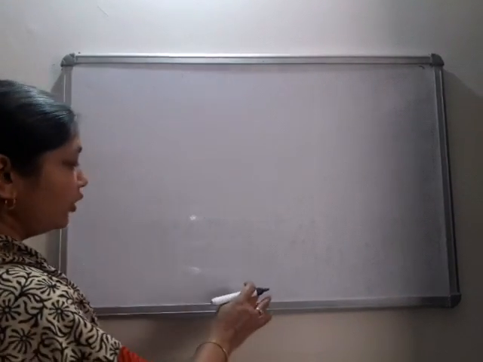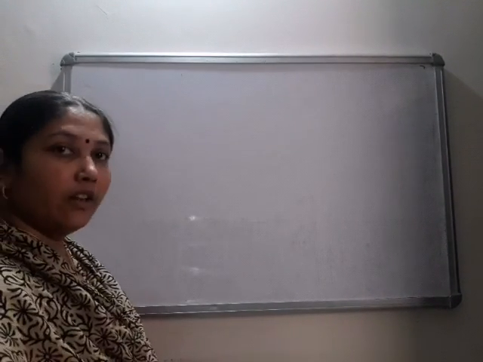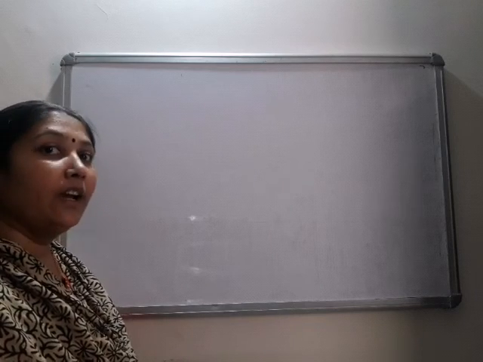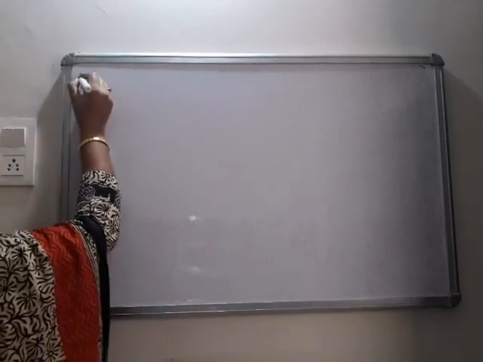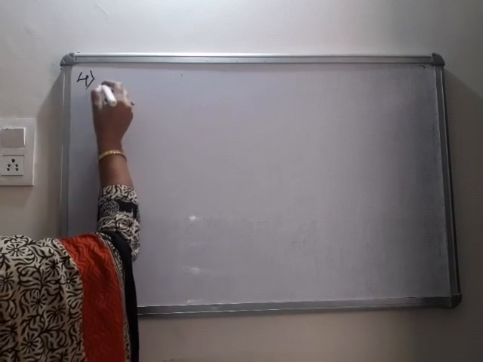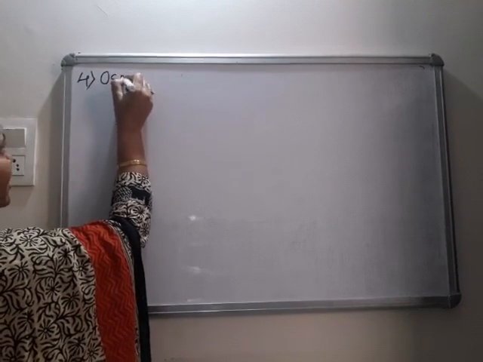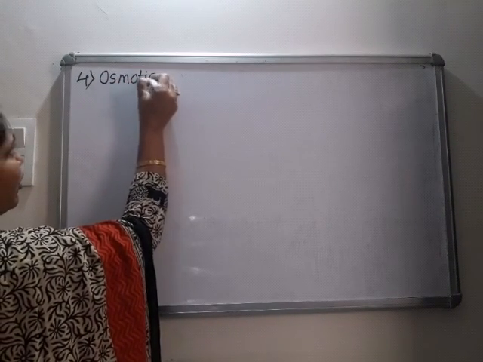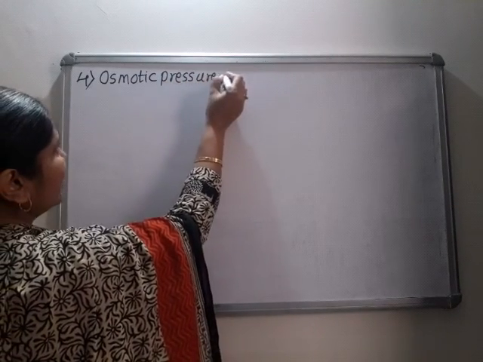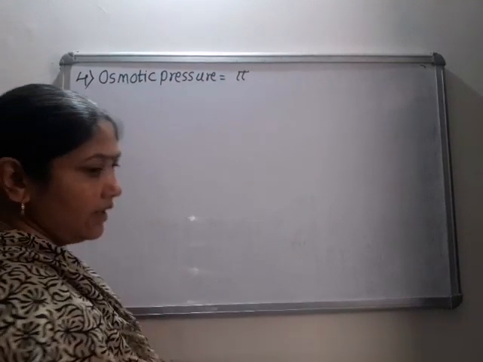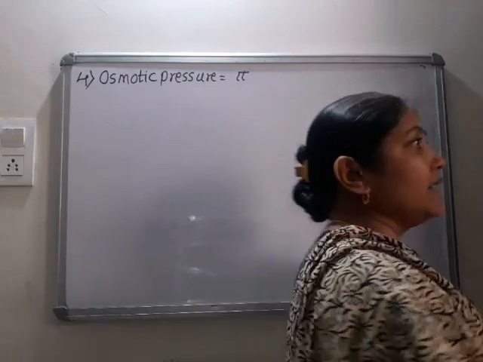So we studied lowering of vapor pressure, elevation of boiling point, and depression in freezing point. Now we are discussing osmotic pressure. Osmotic pressure is denoted as pi.